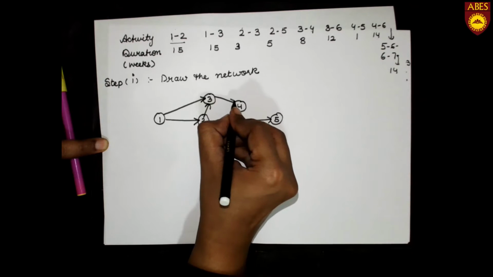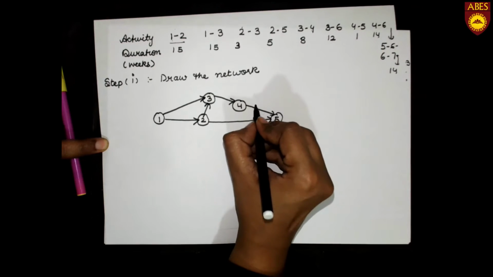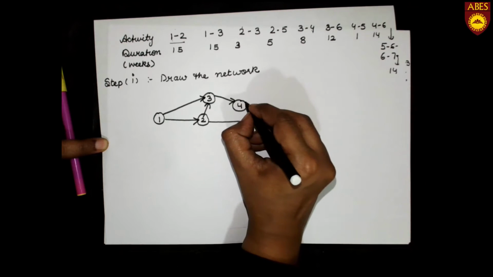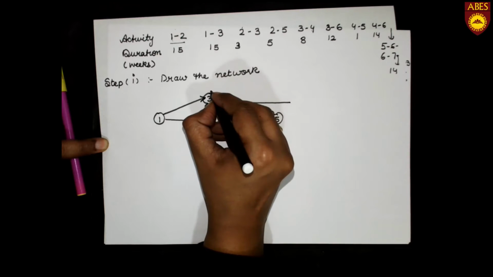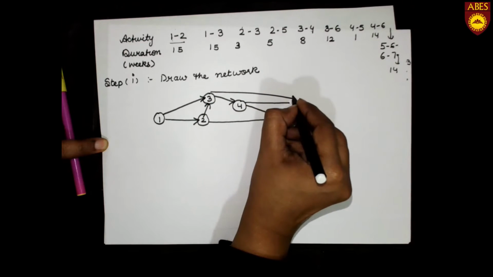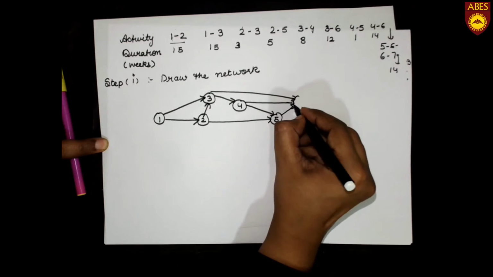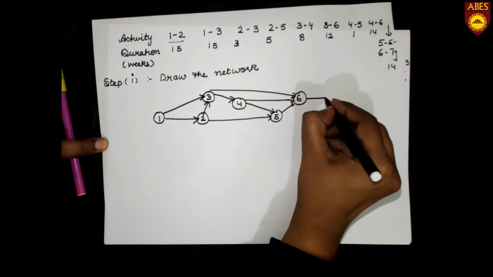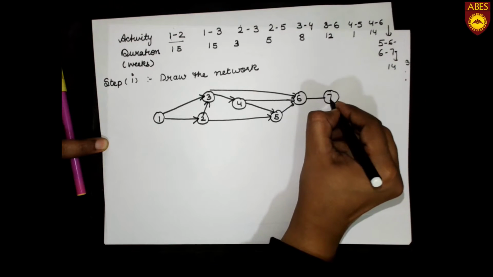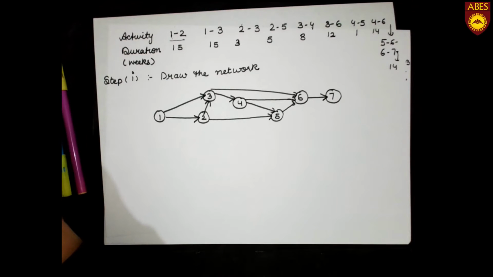Next is 3, 4. Next is 4, 5. Next is 3, 6, 4, 6 and 5, 6. And next is 6, 7. This is how we will make a network with the help of this diagram.